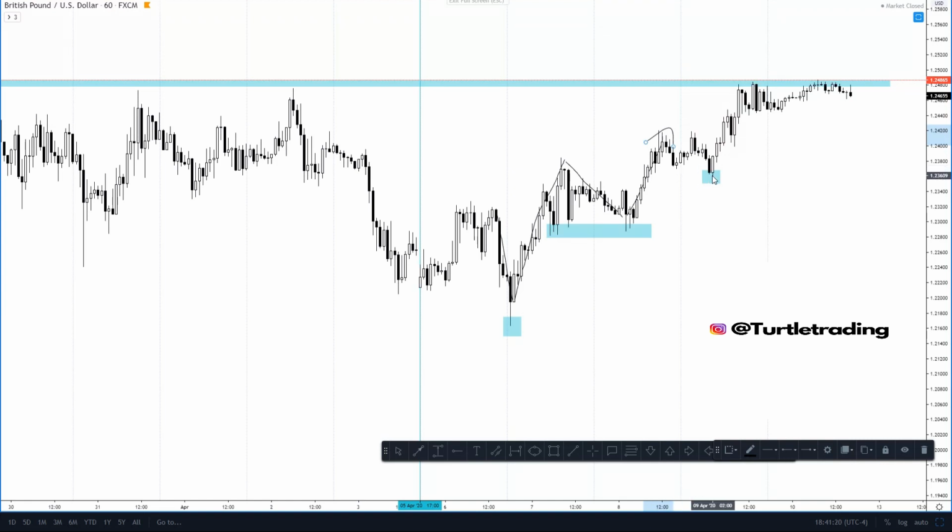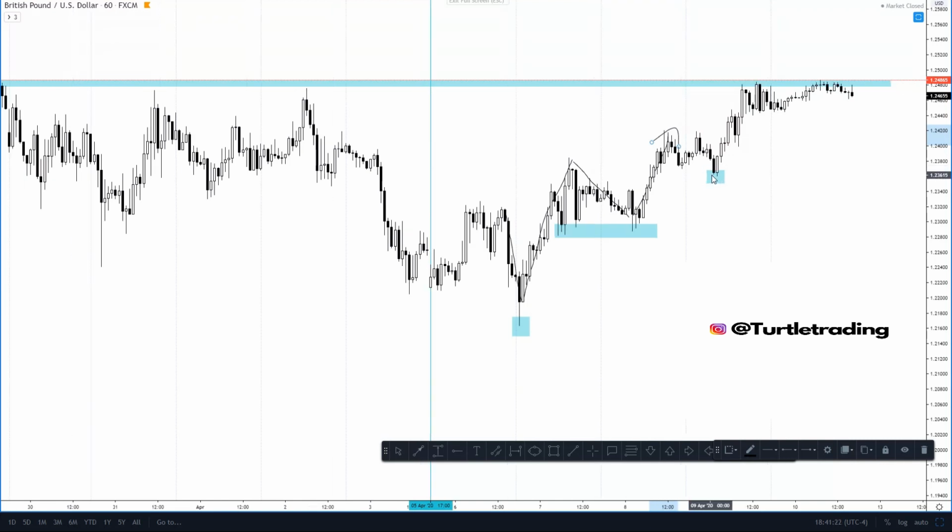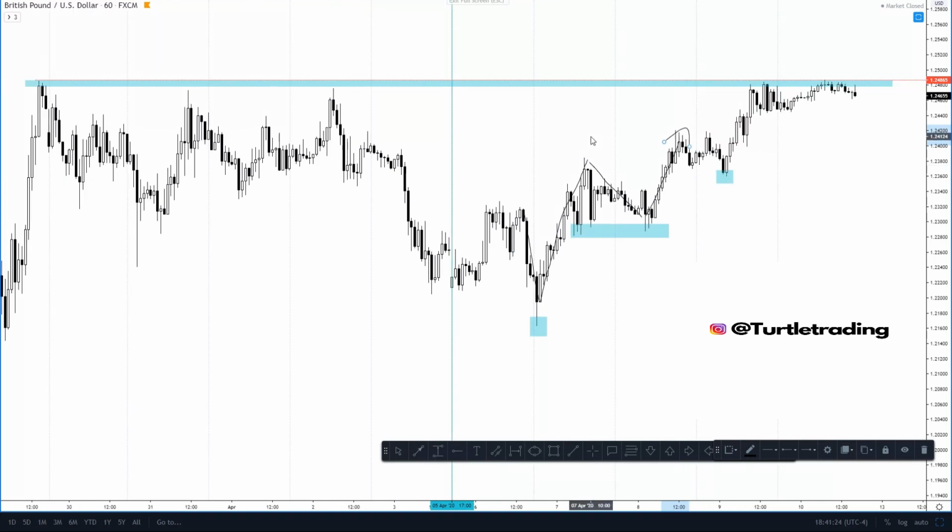All the entry patterns get covered in our course, and I give out a little bit more information to the Discord room, but this is just a broad overview. I had another entry around this area, and looked to take profit, which I took out my position on this candle right here, and price just ended up going into consolidation.